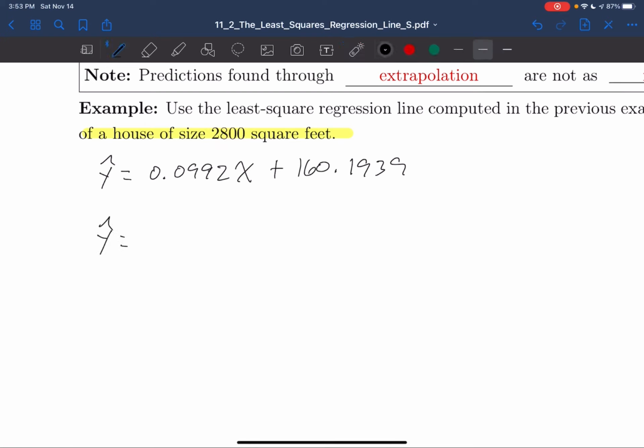Y hat is equal to 0.0992 times 2,800 plus 160.1939.